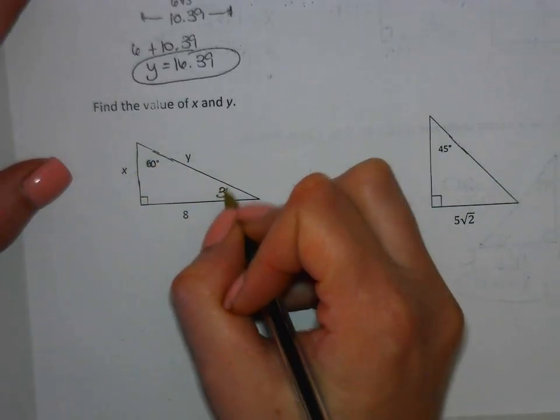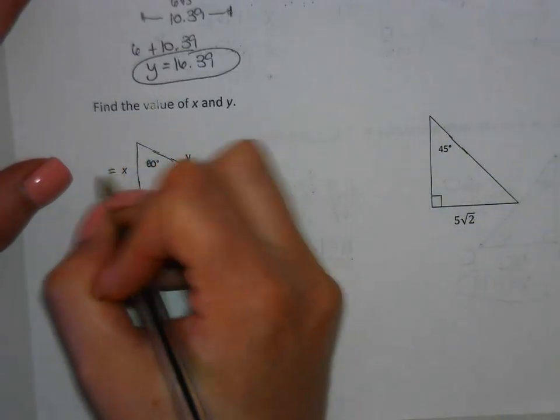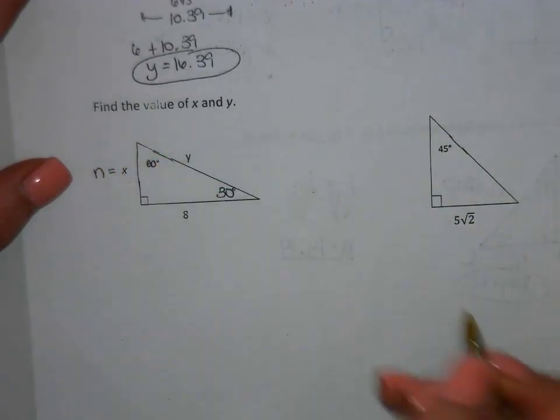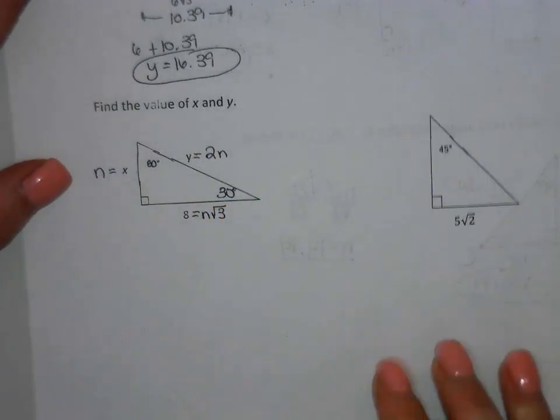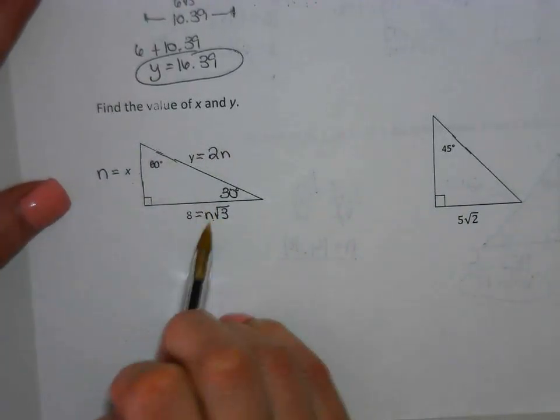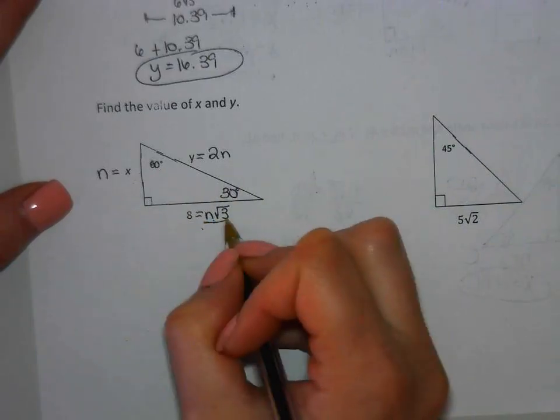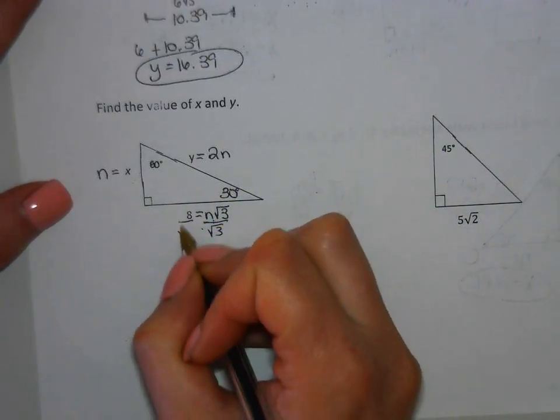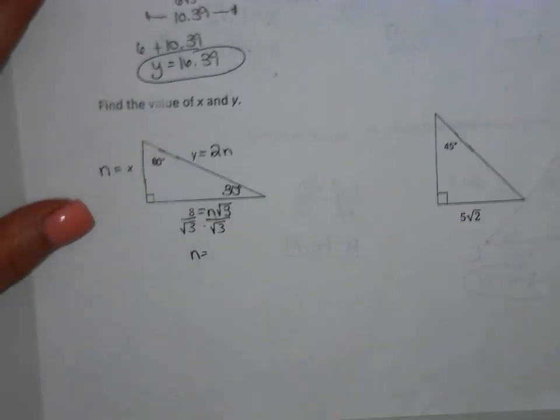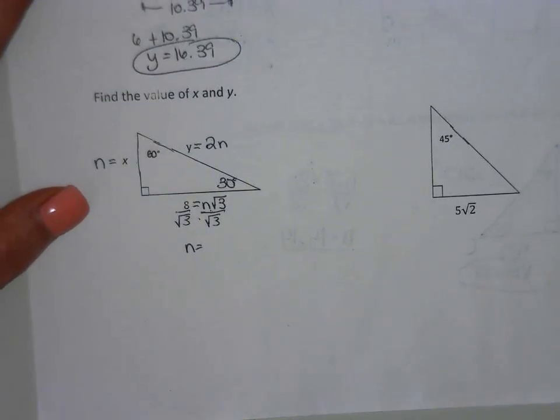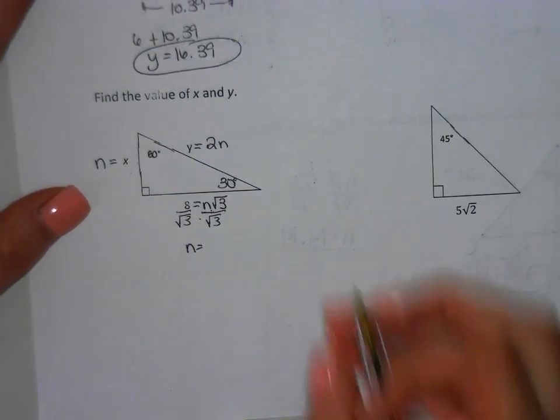This is a 30, 60, 90 triangle. So x is going to equal n, y is going to equal 2n, and 8 is going to equal n square roots of 3. We need to find the value of n, so we're going to divide both sides by the square root of 3. So n is going to equal 8 divided by the square root of 3.